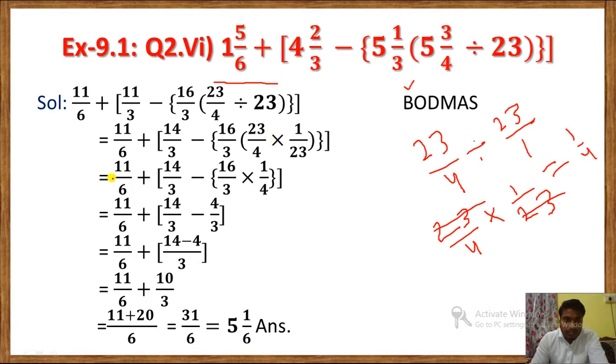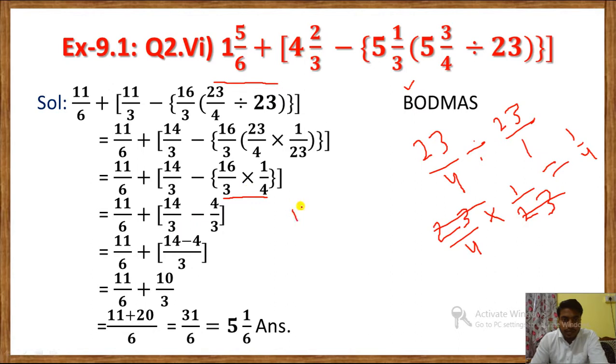So in the next line: 11/6 + [14/3 − {16/3 × 1/4}], we got from here. Now we have to do the work of this bracket. Now 11/6 and the rest of the part we write as it is.